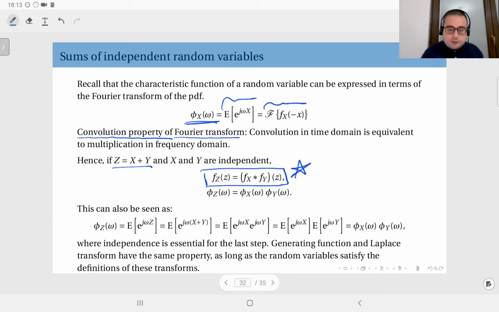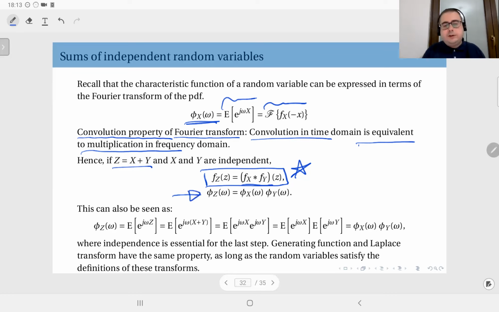Now, the convolution property says that convolution in time domain, or in x domain in our case, is equivalent to multiplication in frequency domain. So frequency domain in this context means either the omega domain, or the z domain, or the s domain when you talk about Laplace transform, okay? So what does that mean? When the PDFs of x and y are convolved, that is equivalent to this expression.